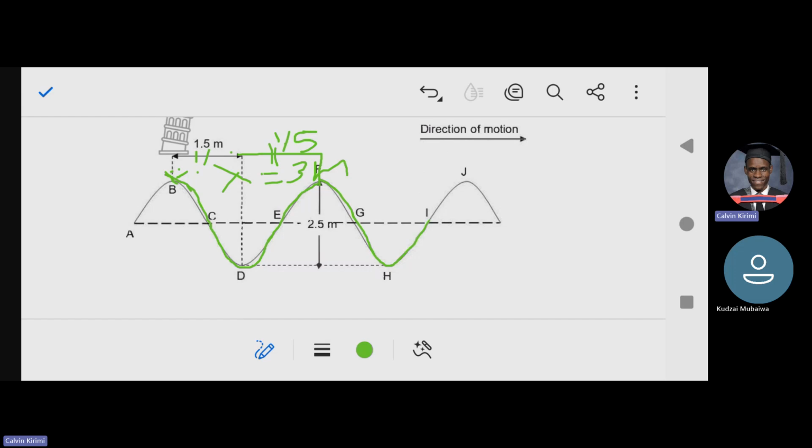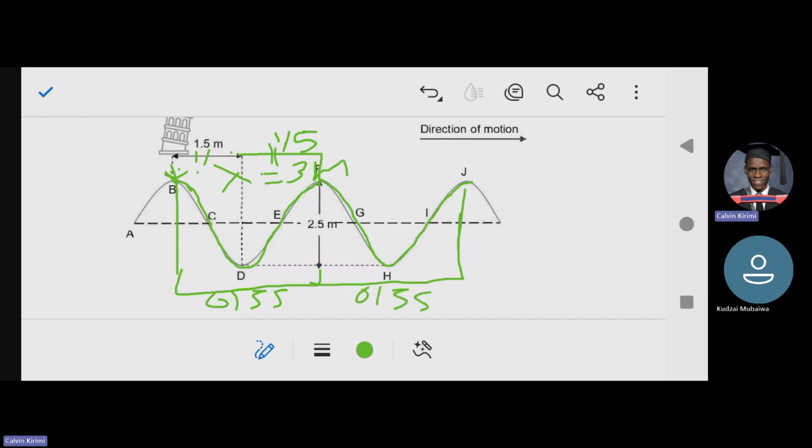I go up, from there to here I'm taking 0.5 seconds, and from there until here I'm going to take another 0.5 seconds.